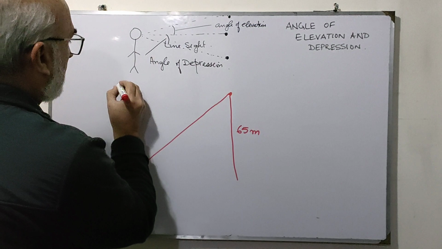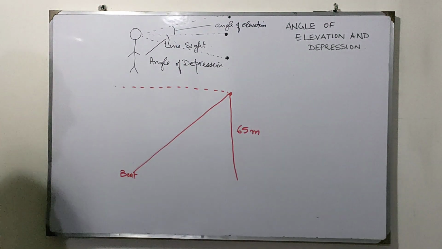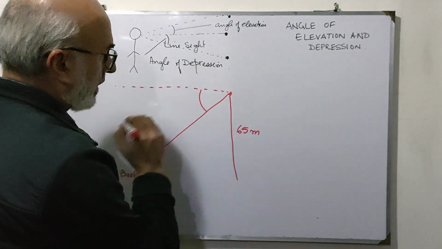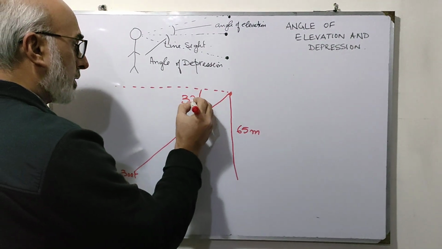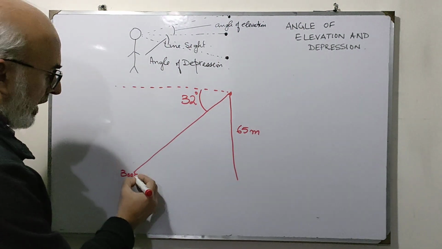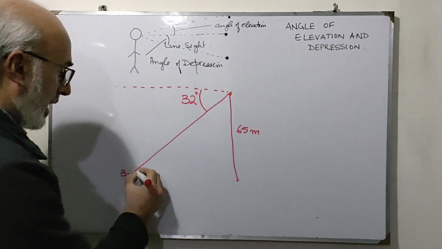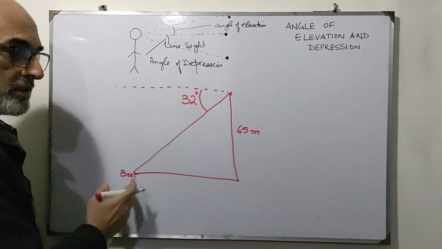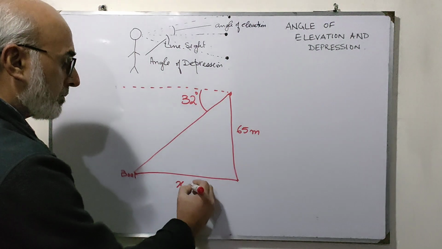The line of sight here is this thing, so it is making an angle over here. Supposedly the angle is 32 degrees. This is the base of the cliff, and we have to find how far the boat is from the base of the cliff. So this is x meters.